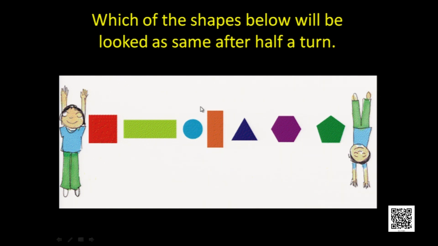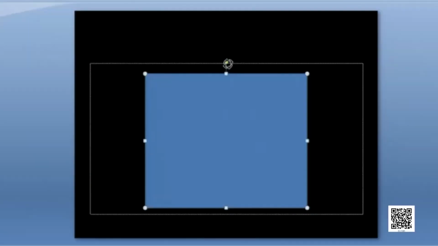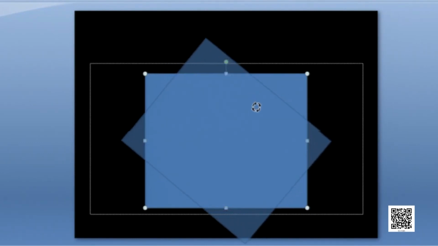In the case of a triangle, here you see, this vertex will come downwards on a half turn. So it doesn't look the same. Now you see I am taking the case of the square. Now I am rotating it 180 degrees.